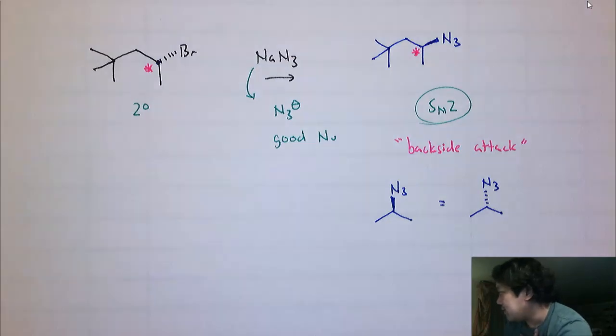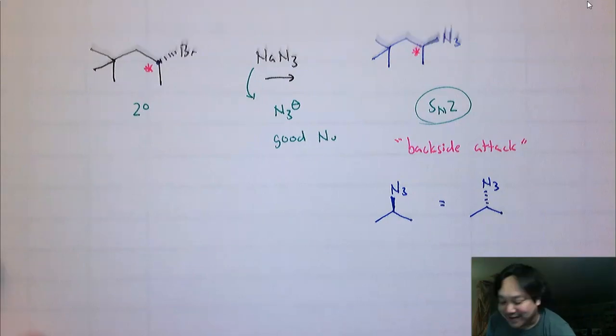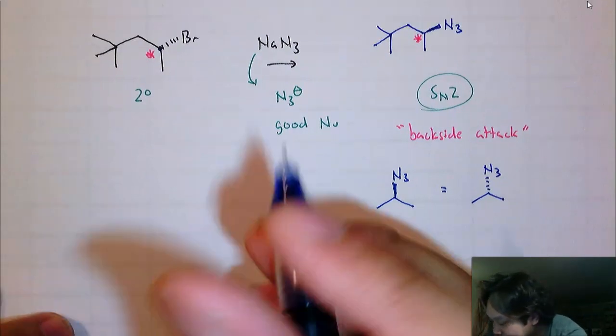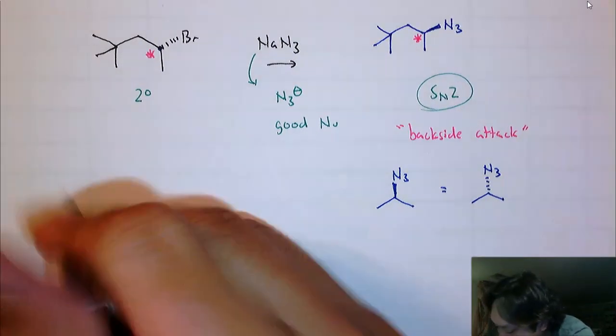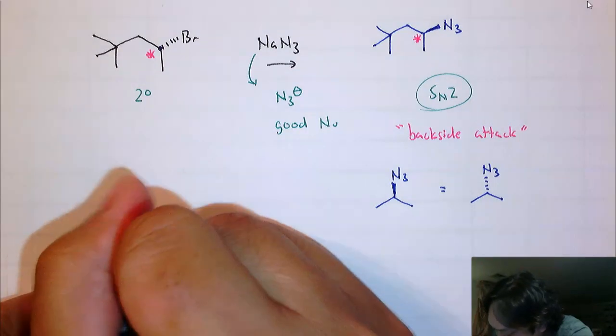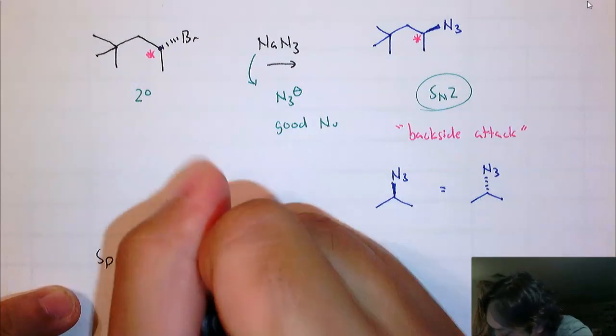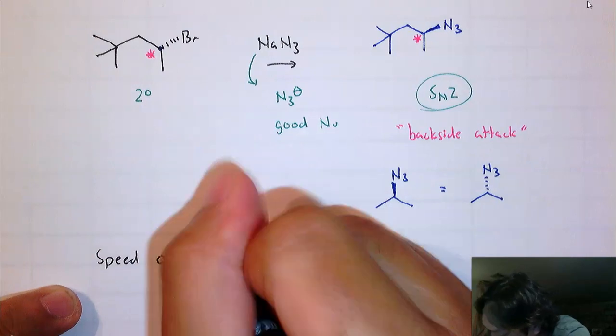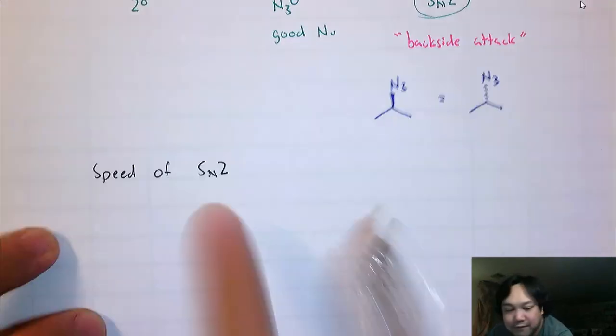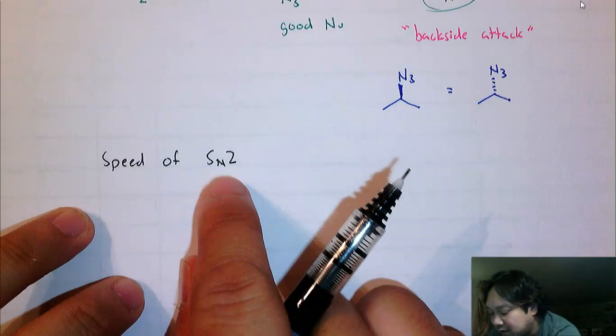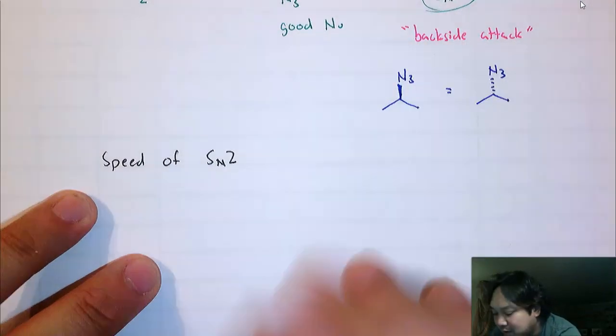So that was a little bit longer than what I had expected. Let me see if I can get through speed of, let's start with an SN2. If you think that you have an SN2 reaction, what have I always done?